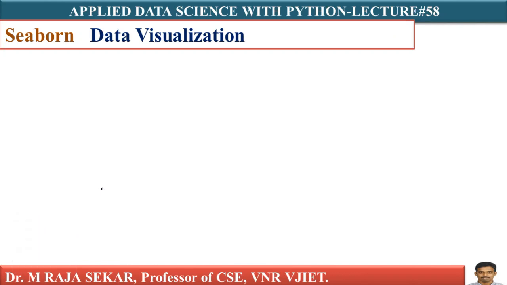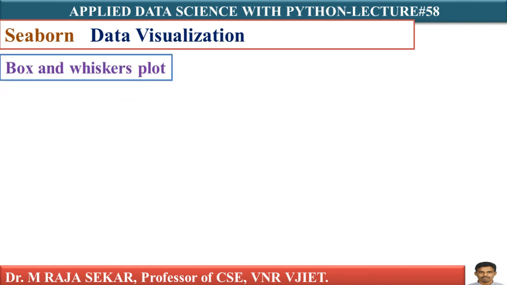In this lecture, I will continue my discussion on Seaborn data visualization. We are going to look at box and whiskers plot for numerical variables. If you have a numerical variable in your data frame and you want to get insights from the variable, then you can go to box plot, because the box plot will give you the visual representation of the distribution of data.